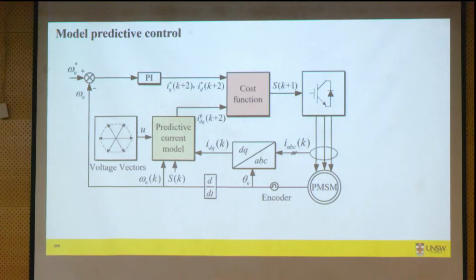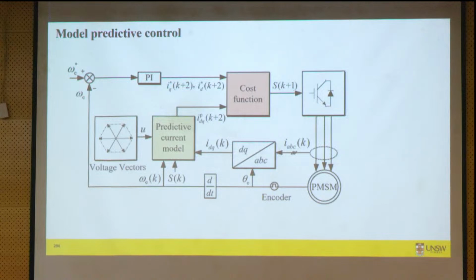This gives your optimum space vector, which you try to find through the cost function, the one that will reduce the error between the reference current and the predicted current. That's the basic idea. And in model predictive control, you can see we don't have SVM or PWM; you get the switching signal directly.